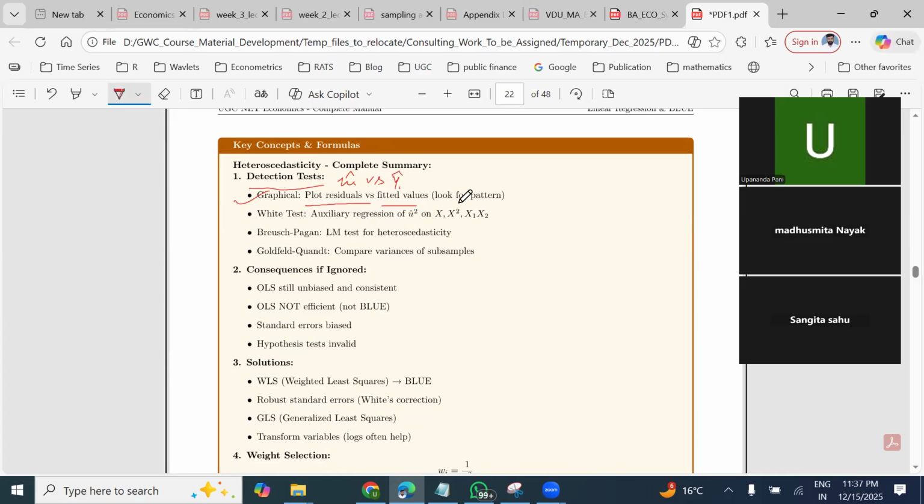Then you will see if there is a pattern. You will clearly see if there is a constant variance pattern, then you will be able to observe it. I'll show you using the software, how through the pattern you can easily identify.